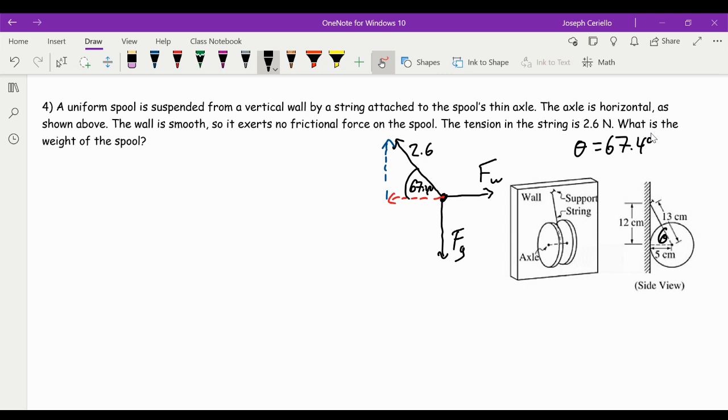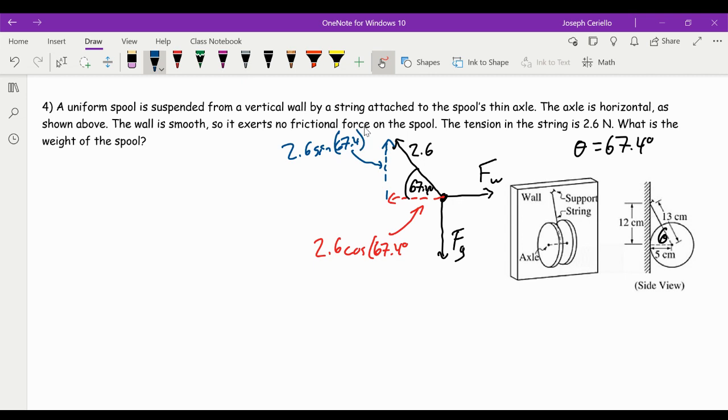Okay, 67.4 degrees. So I'm going to find the components right away by doing sine and cosine. To get the horizontal component right here, I'm just going to draw arrows in. I should have drawn this bigger. This is going to be 2.6 cosine of 67.4, and this is going to be 2.6 sine of 67.4.